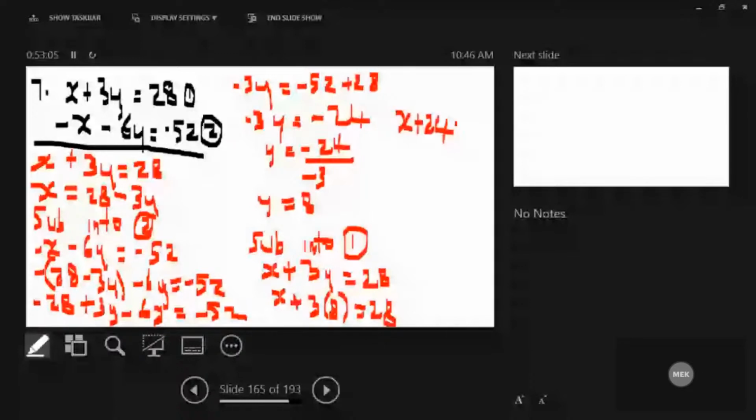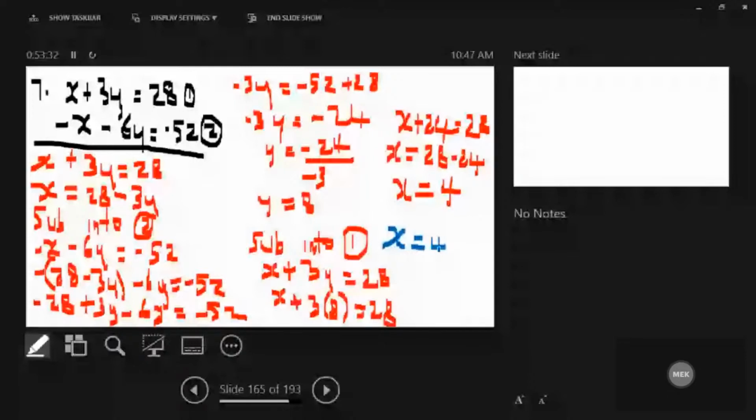Therefore, x would be 28 minus 24, which is 4. So we're saying that x is 4 and y is 8. So that's our solution set. x is equal to 4 and y is equal to 8.